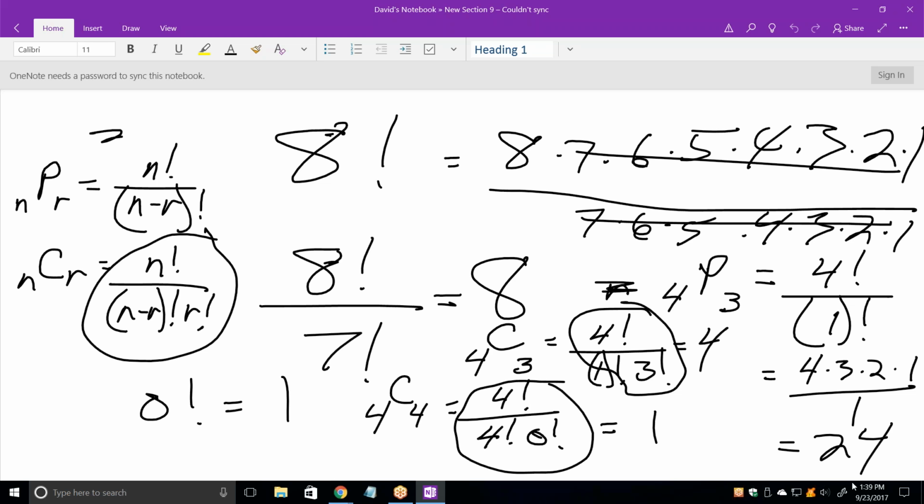Most of my life, I've always gotten this sneaking suspicion that they do this out of convenience. In other words, that's the only way everything works, is if they make 0 factorial equal to 1. Truly, that's what I thought for many, many years, was that it was just accepted by mathematicians because if they didn't do it, none of these equations would work. So you have to make 0 factorial equal to 1, and 1 factorial is also equal to 1.